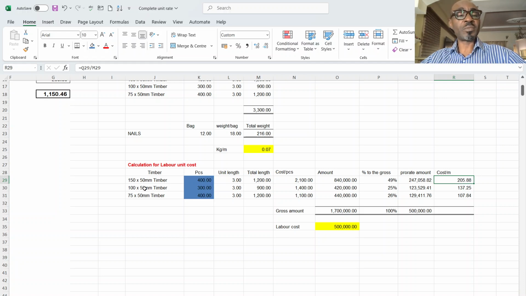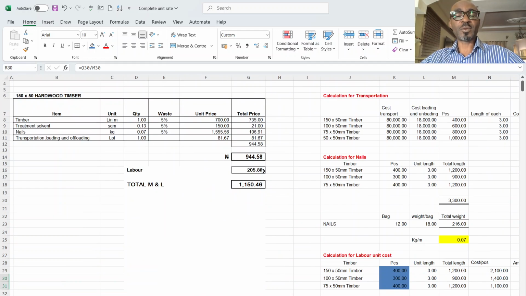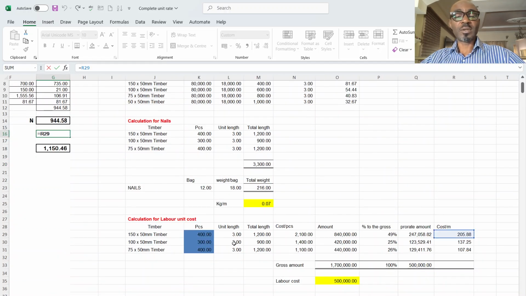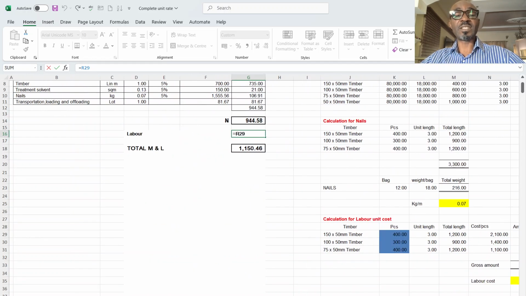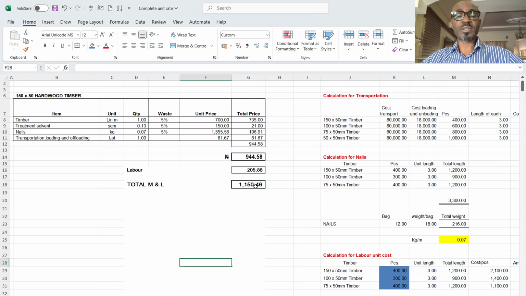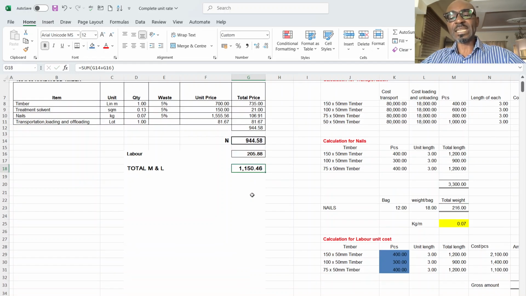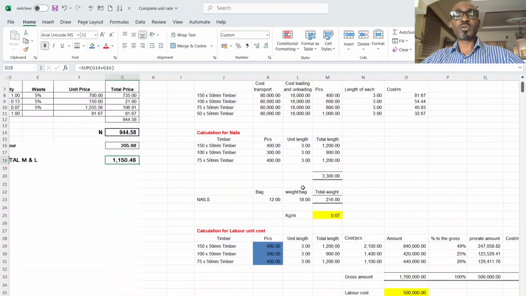So also, if I am building up my rate for other sizes, these are the labor I am going to apply, and that is what you see in here. This links to the unit cost for the 150 by 50, since that is what we are considering. Then, of course, if you sum up the labor and the material, gives me 1,050 per linear meter.